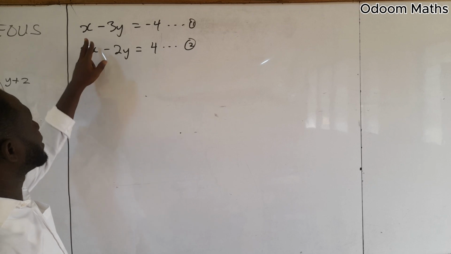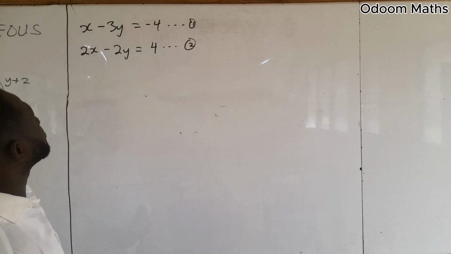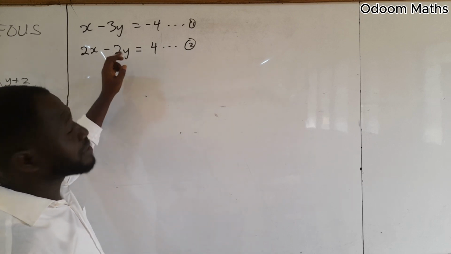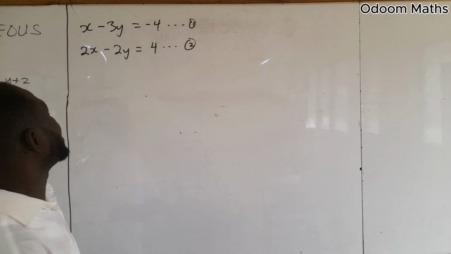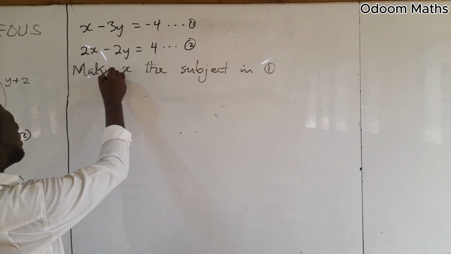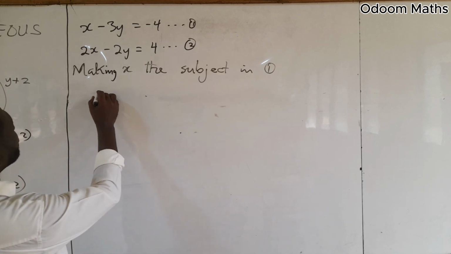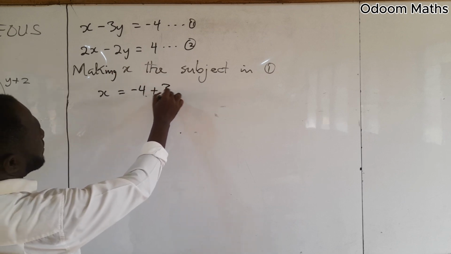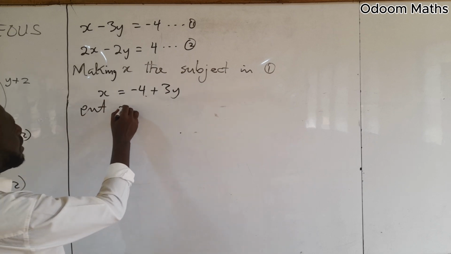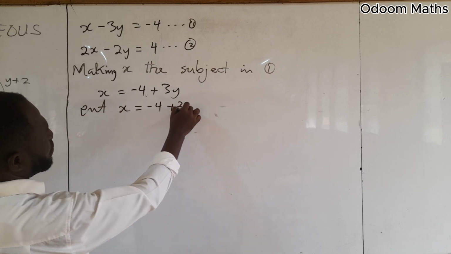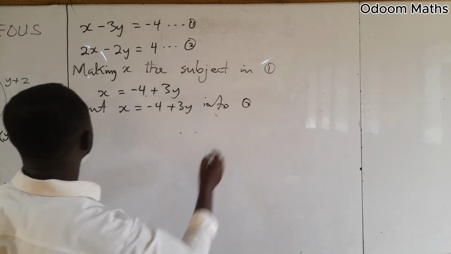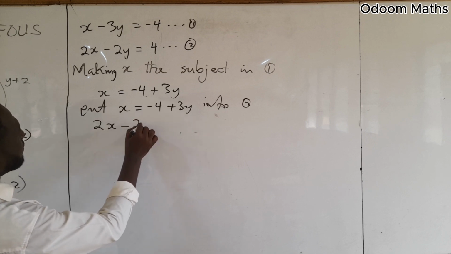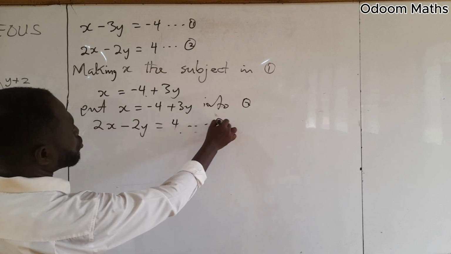I want to go by the substitution method. For the substitution method, I take one equation, make a variable the subject, and then substitute into the next equation to get the first variable. Making x the subject, x equals negative 4 plus 3y. Then we put x equals negative 4 plus 3y into equation 2, which is 2x minus 2y equals 4.